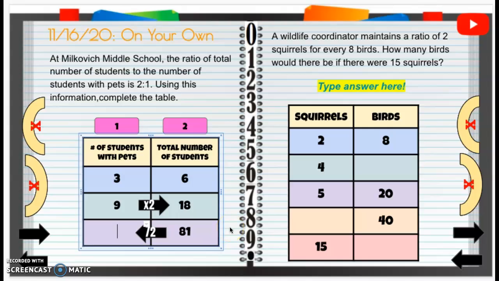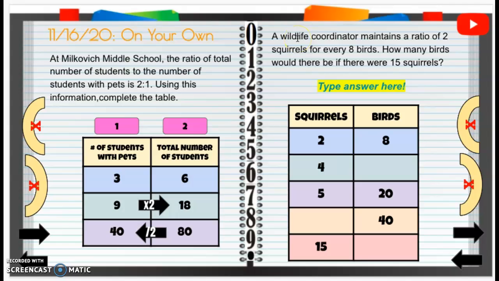We can't really do 81 divided by 2, can we? No. Actually, this should be an 80, so I apologize. So 80 divided by 2 is 40. Awesome, awesome.